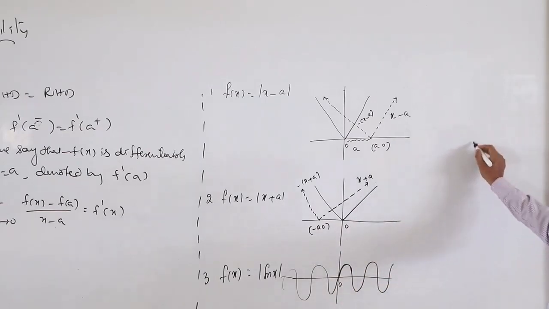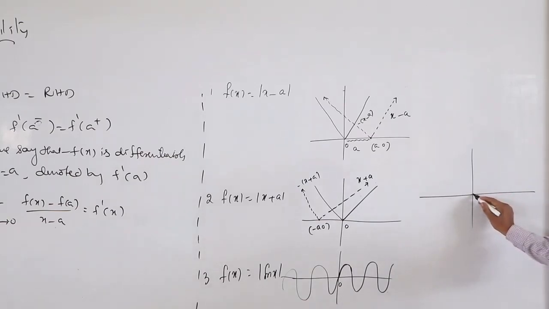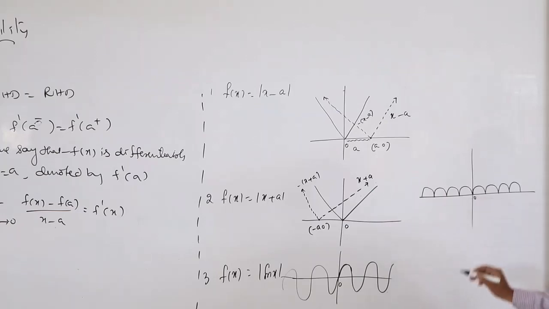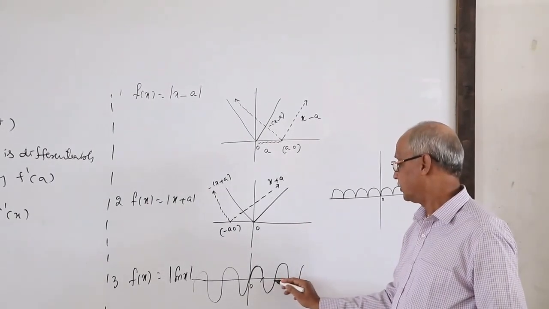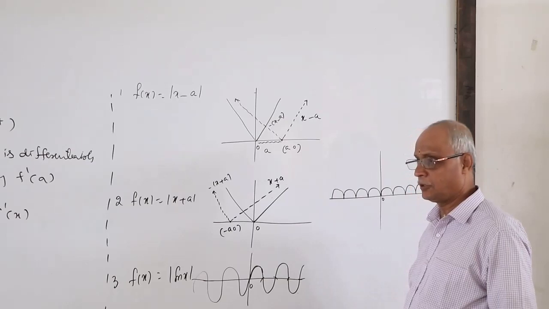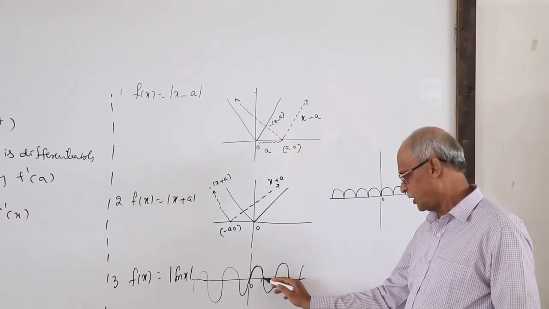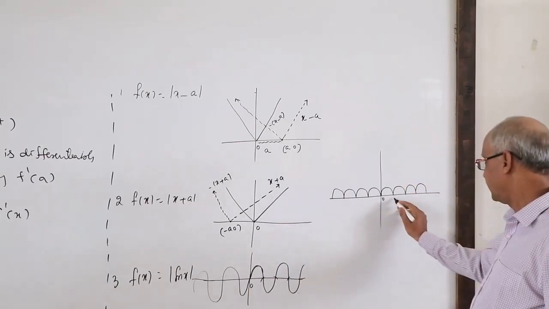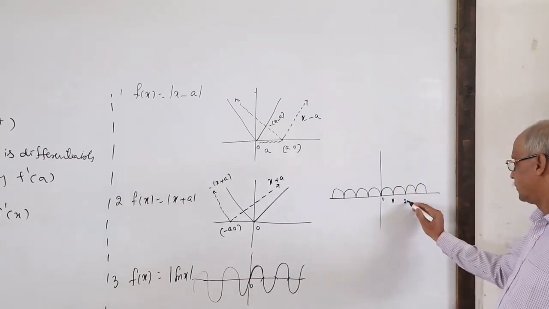When you shift up, meaning above the x-axis, you will get all cycles like this only. This is called mod sin x. Very, very important. All scientists note down this graph. Already you know in trigonometry, it is crossing the x-axis at all pi multiples. What are these x values here? N pi: 0, pi, 2 pi, 3 pi.